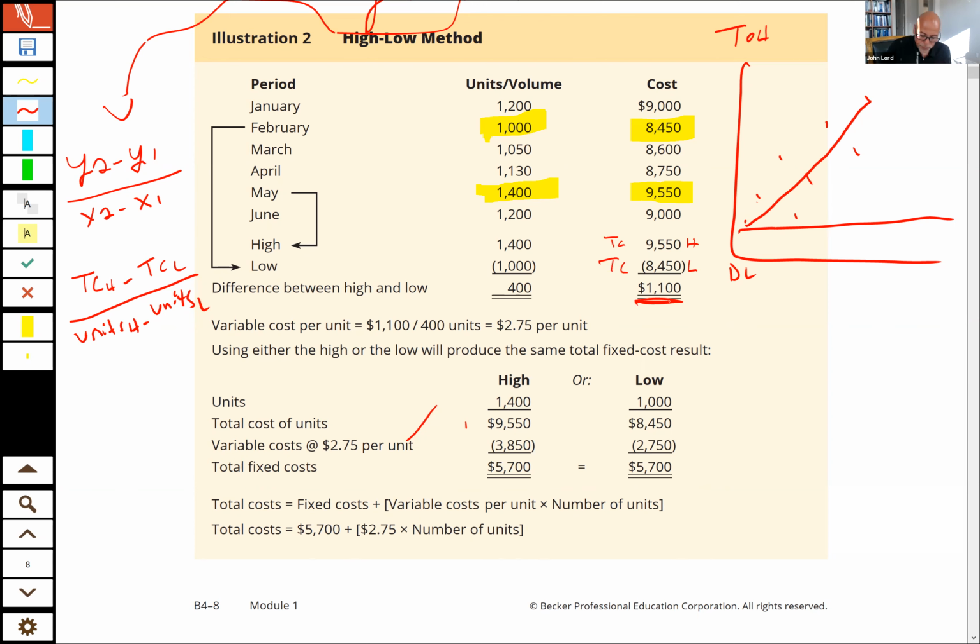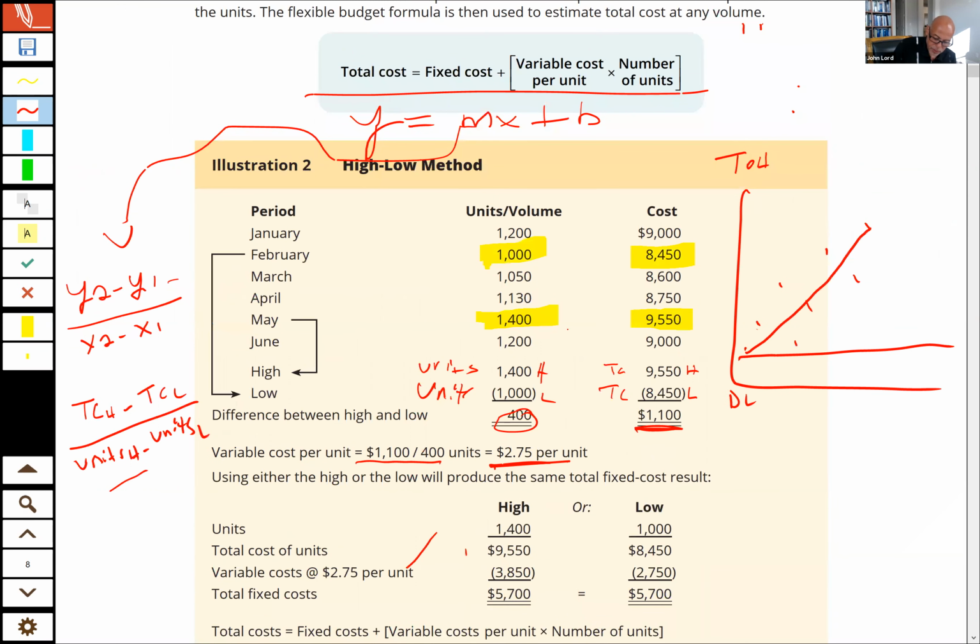That gives me this difference of 1100. That's just like Y2 minus Y1. And then I do my units high minus units low, and that gives me essentially that difference. Well, that's the slope of that line. 1100 divided by 400 gives me a slope of 2.75. The M, the slope, is my variable cost per unit.